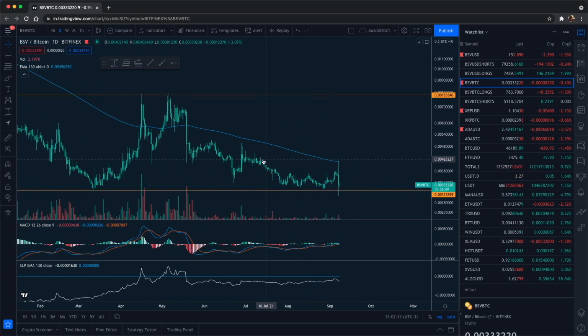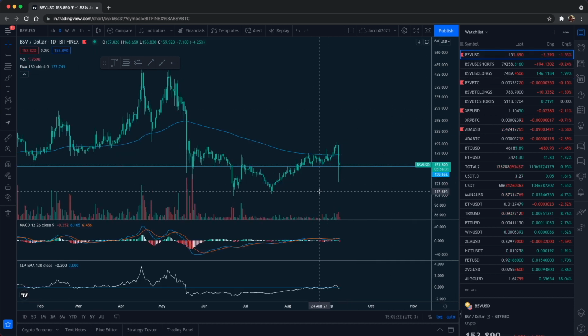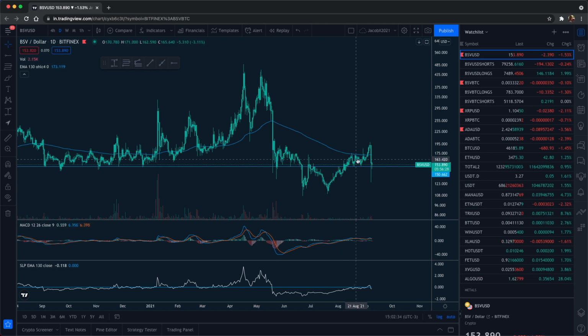And so it hugs it nicely. This is a support line here. Bounced off, hugs the line, gets near it, touches it, comes back. Very correlated to its price here. Okay. And again, passes it, touches back. So that's all there is to this.